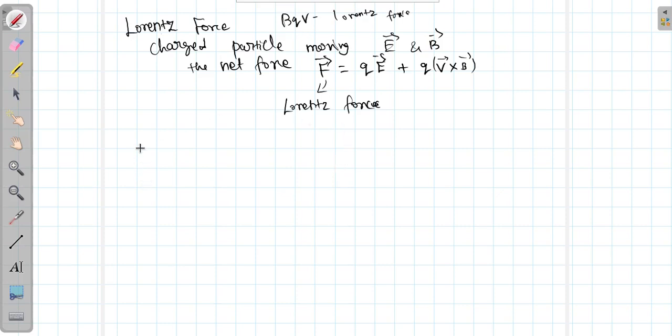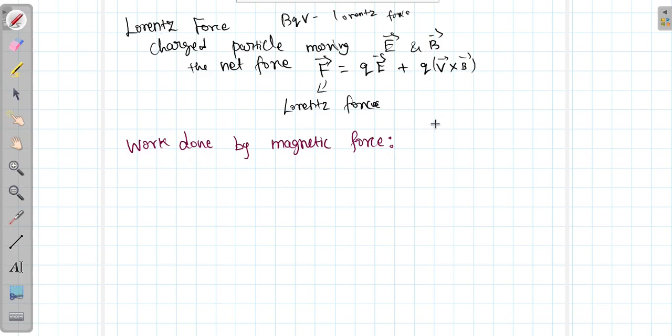Next we'll come to the work done by magnetic force. In mechanics, whenever an object is acted on by a force, it will make some displacement. When you multiply the displacement with the force, you get the work done.